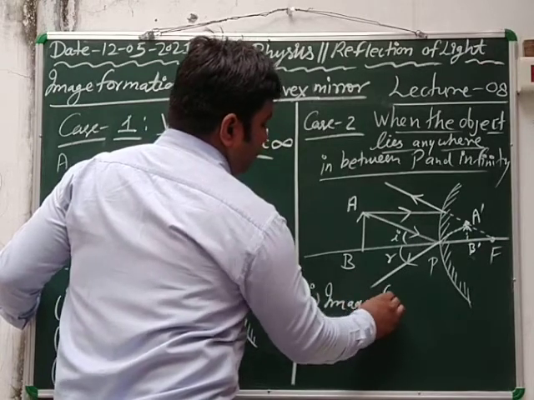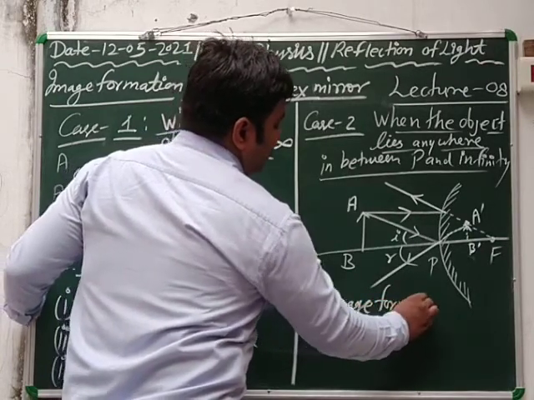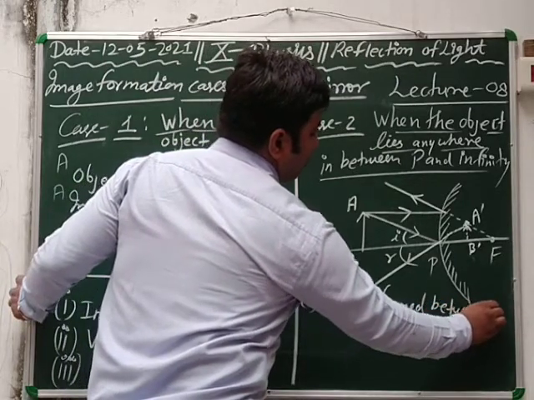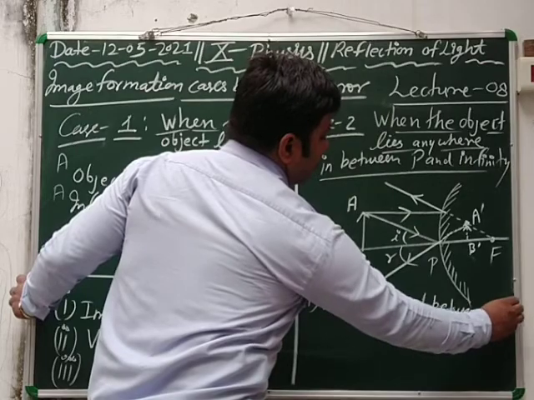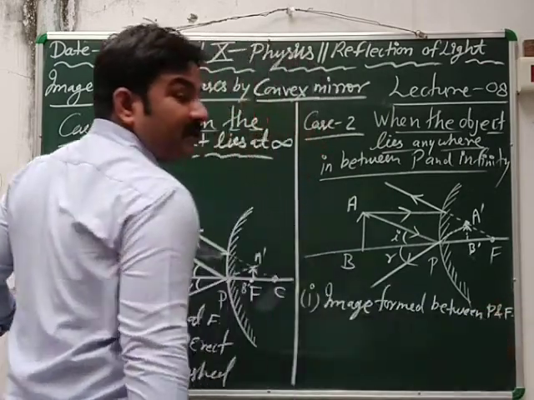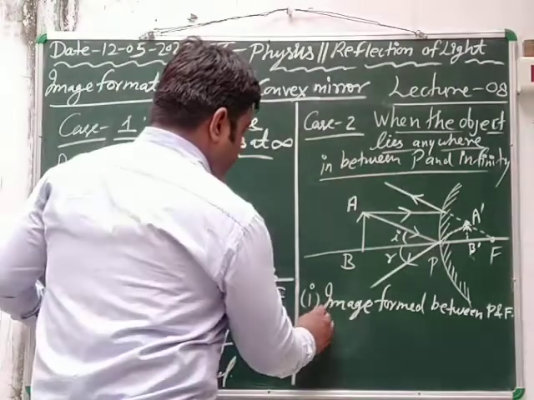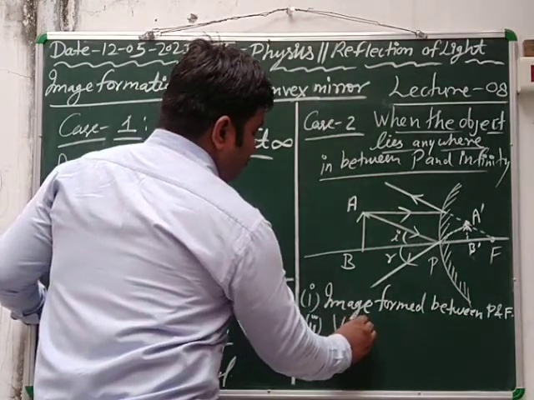Image formed between P and F, pole and focus. Clear? Second one, virtual and erect.